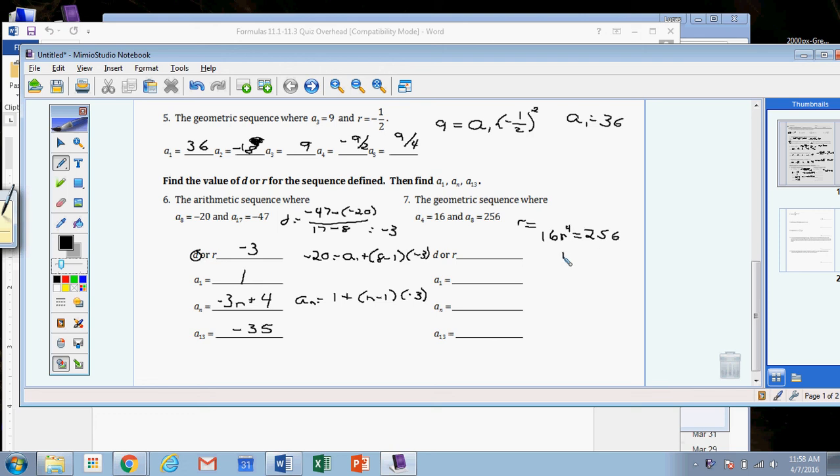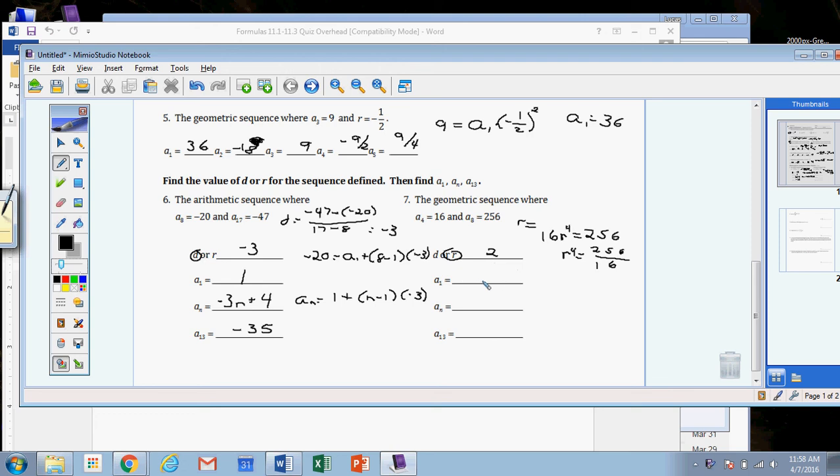And when I solve for r to the 4th equals 256 over 16, I take the fourth root of both sides, and my r value is going to be equal to 2.